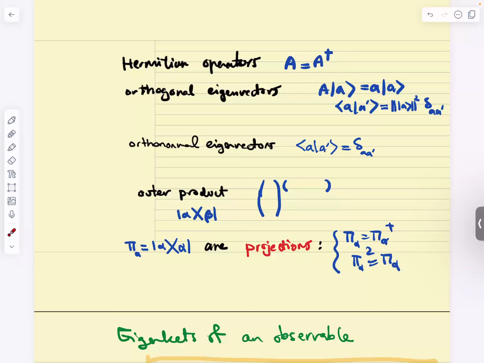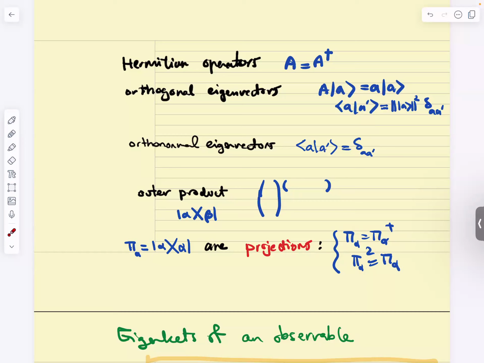What is the definition of a projection operator? An operator is called a projection if it's Hermitian and it squares to itself. You could check explicitly that this is Hermitian, because if you take the dagger of it, it becomes again ket alpha bra alpha. And you could also check explicitly that it squares to itself.